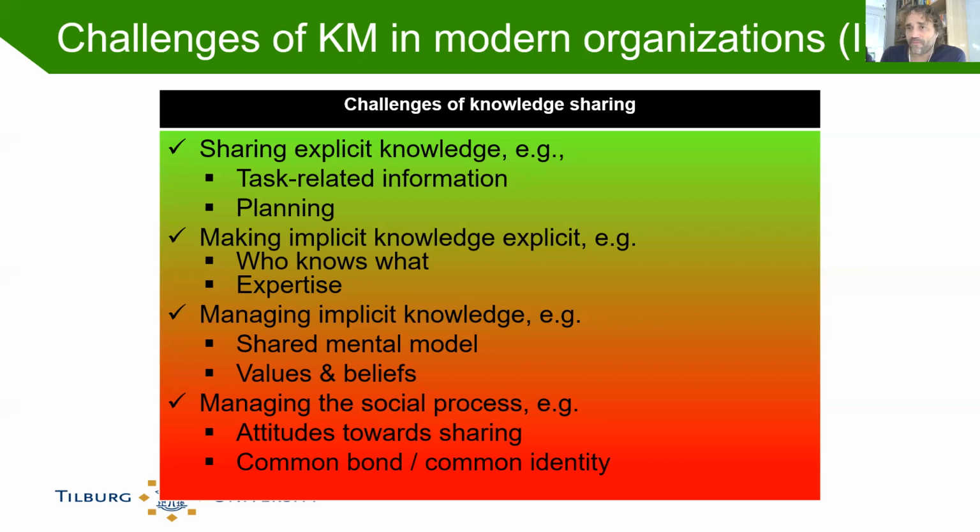For example, in your group, are you a team who really wants to go for the maximum, highest grade possible, or do you think, okay, a 6 is also fine? That has to do with a shared mental model: what kind of team are we? That is even more difficult to manage in virtual teams. And then managing the social process, creating a common bond, the attitude toward participating in a virtual team and towards sharing knowledge, is maybe the most difficult to manage.